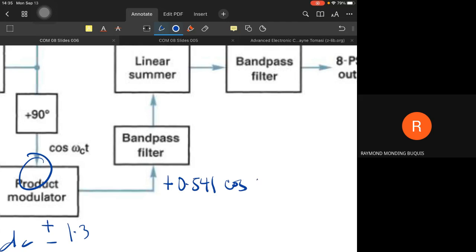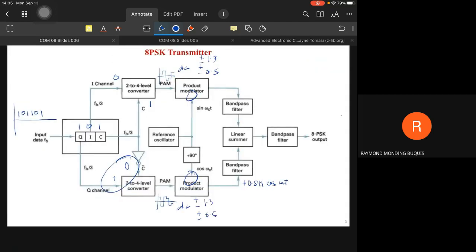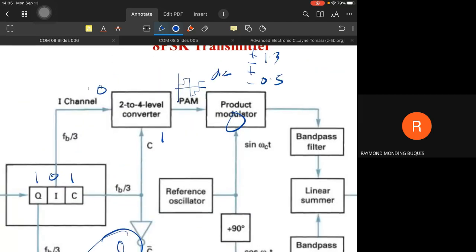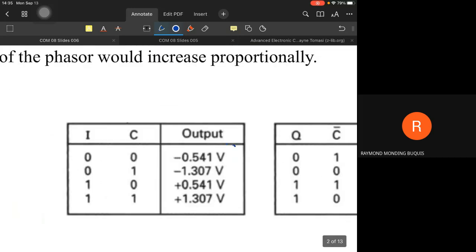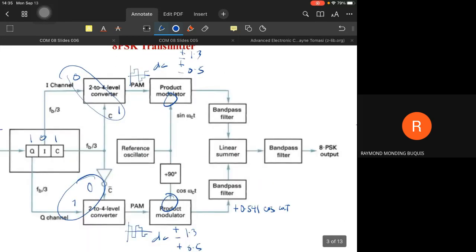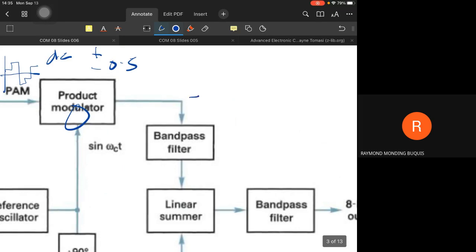omega t. Sa taas, 0, 1, diba? Negative 1.3. So, dili, ang output is negative 1.3. Modulate with a sine. Sine omega ct.